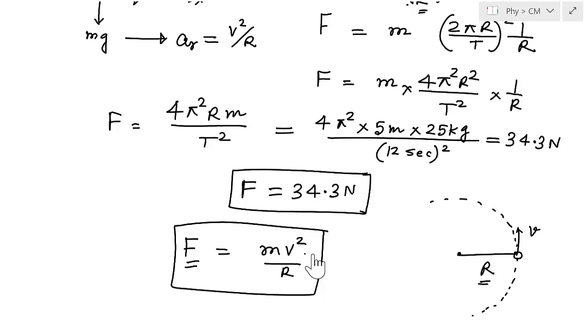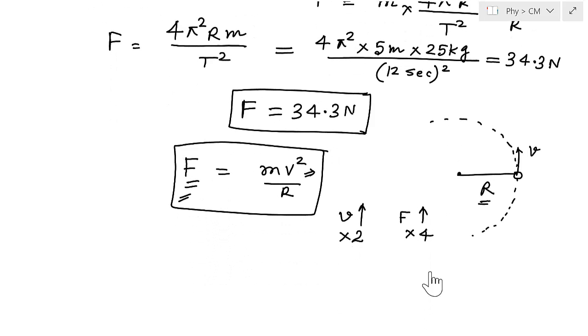This means if you increase velocity twice, the force will increase 4 times, because this is related to the square of the velocity, the second power of the velocity. So if you increase velocity by 2 times, your force will increase by 4 times.